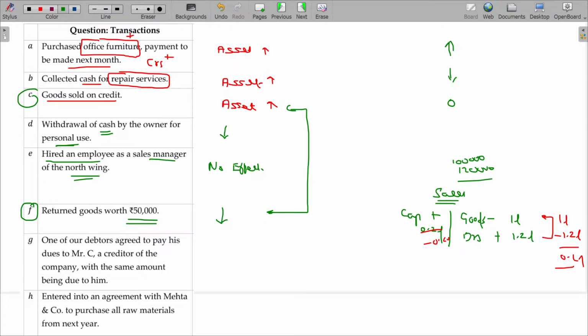Okay, purchase return, you can think over. In case of purchase return, no change.